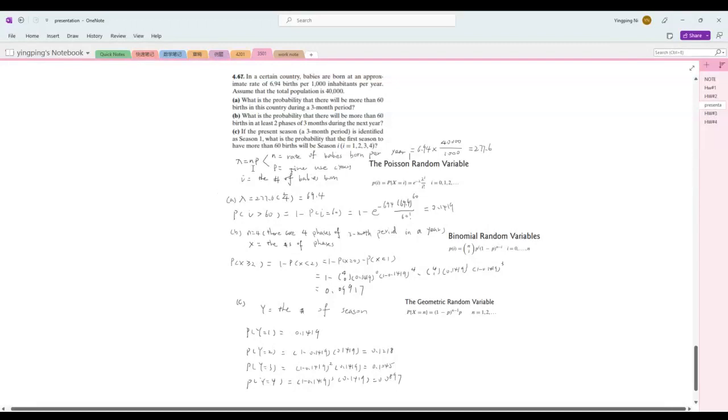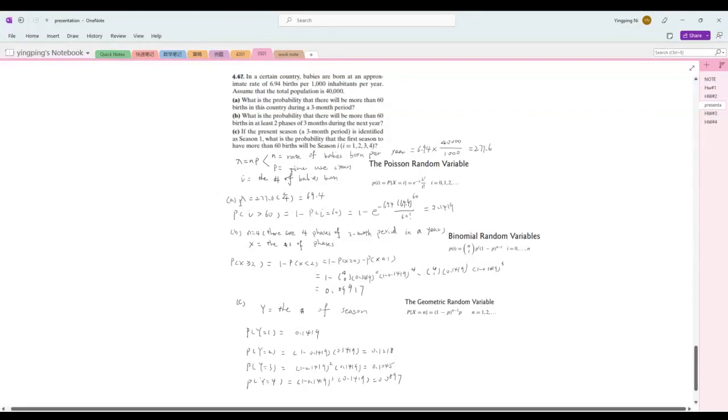For the lambda is equal to n times p. The n is the rate of babies born per year, which is 6.94 times 50,000 over 1,000, equal to 277.6, and the p represents the time used, and i is the number of babies born.